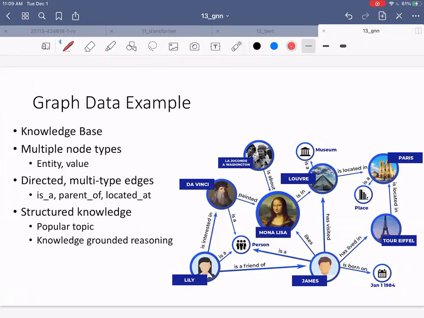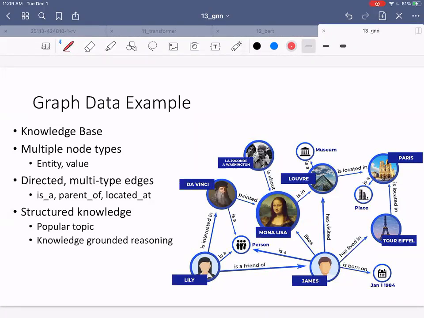not. The last example is knowledge base, or knowledge graphs. Knowledge graph is a term used by Google, but knowledge base and knowledge graph are the same thing. It's a graph representation of facts, like world knowledge, or domain-specific knowledge such as medical or history knowledge.